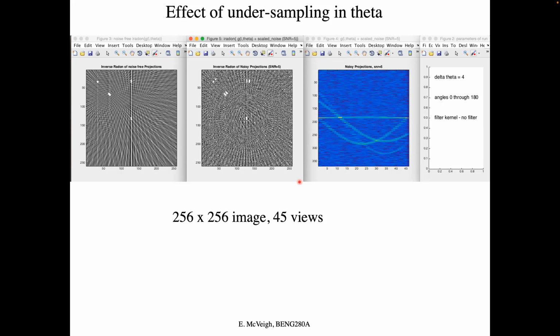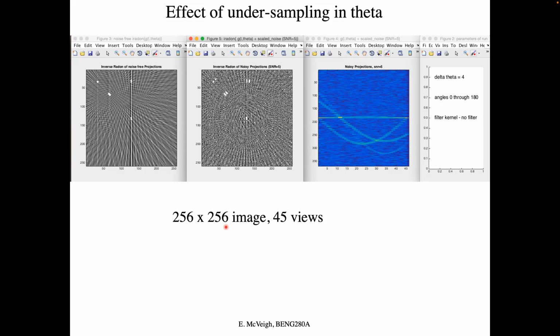What does it look like, right? So we'll start with a 256 squared image. That means in our GL space, I have 256 detectors along one axis, and we're going to make a 256 squared image. But I'm going to undersample, and that is, I'm only going to take 45 angles.